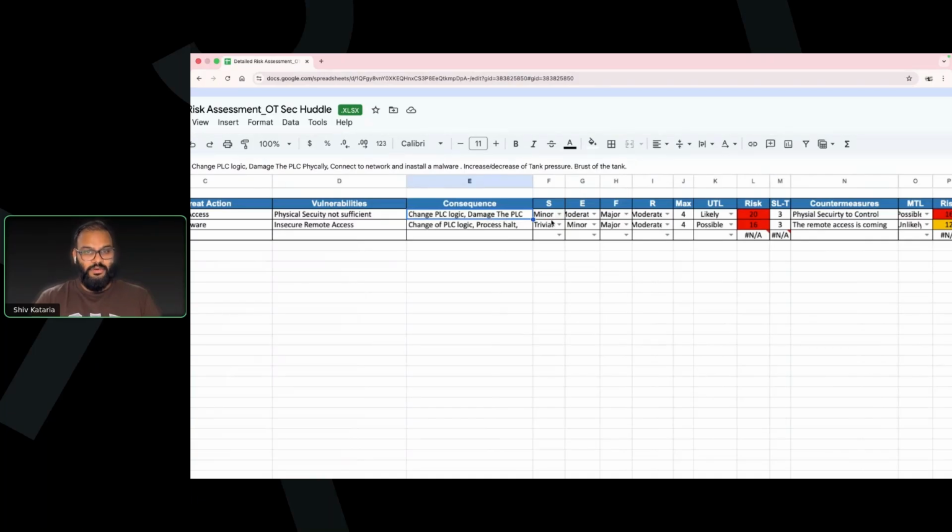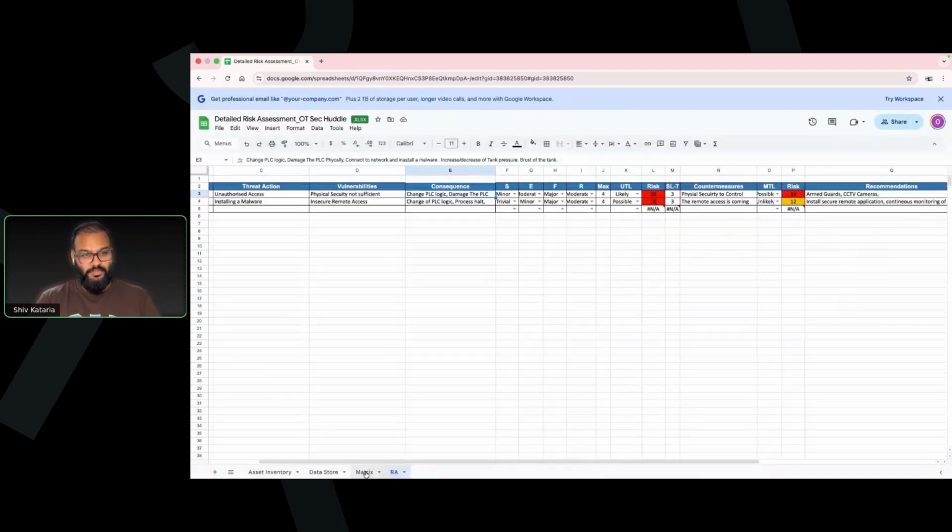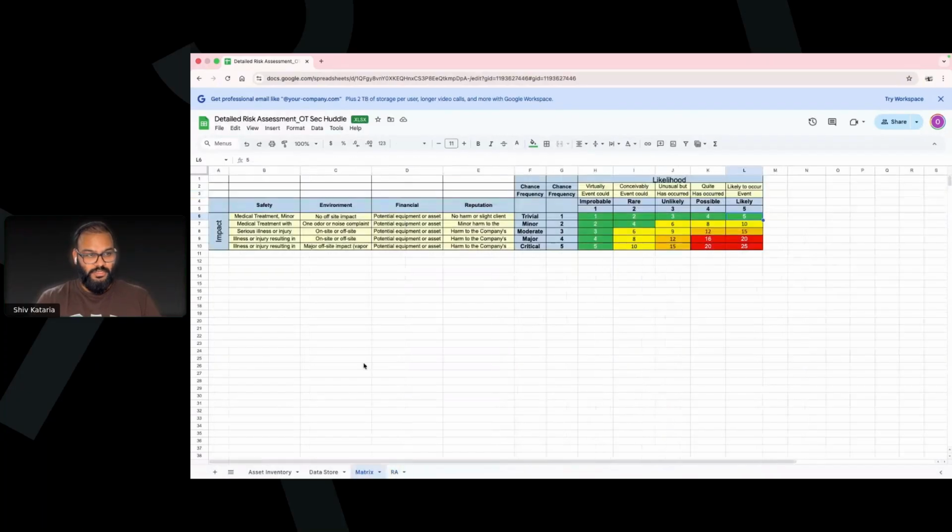And then we calculate the possible consequence of this activity. This consequence again comes from your risk matrix. These are your consequences: safety, environment, financial, and reputation. And then you have different impacts, starting from very small, minor, to something very big, like 2+ fatalities among the people who are working there.